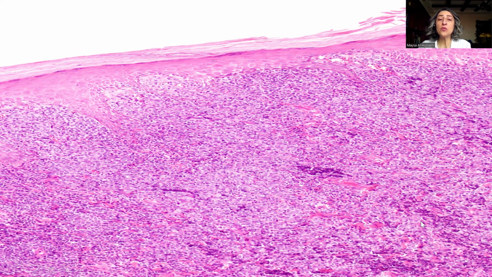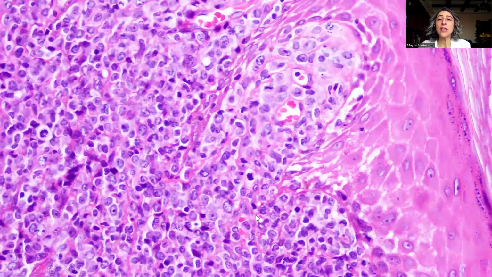and then we have this very monotonous infiltrate that on higher power magnification shows a proliferation of cells with vesicular nuclei, prominent nucleoli, some acidophilic cytoplasm, and only occasional what look like embryo cells, not really very prominent.